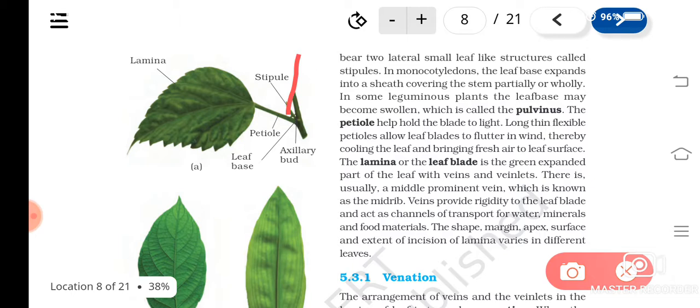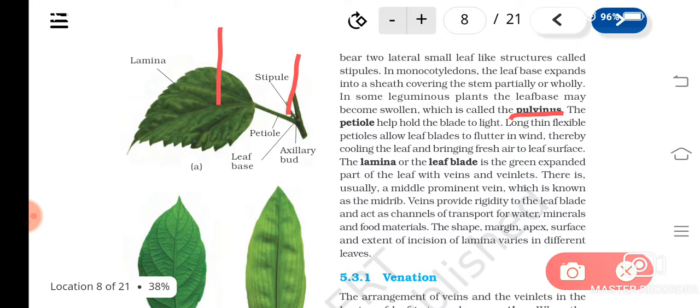Then you can see this is the broad portion of the leaf, which is known as leaf lamina. Is it clear? Then in some plants like the leguminous plants, the leaf base is swollen and that is known as the pulvinus. Understood?